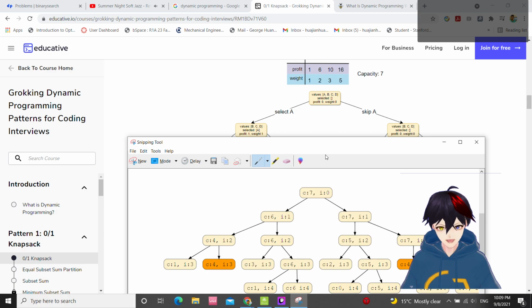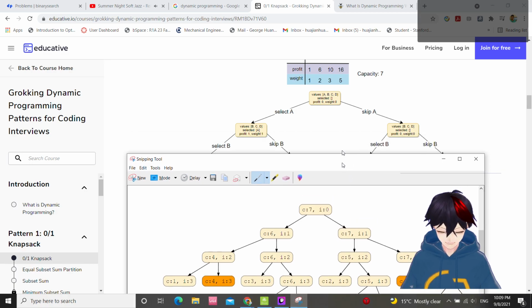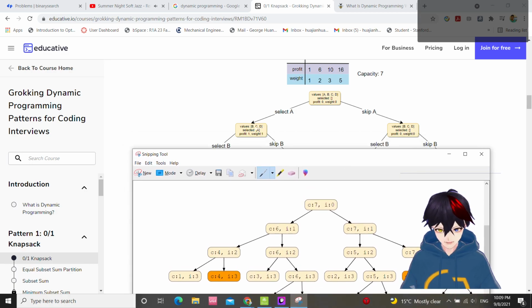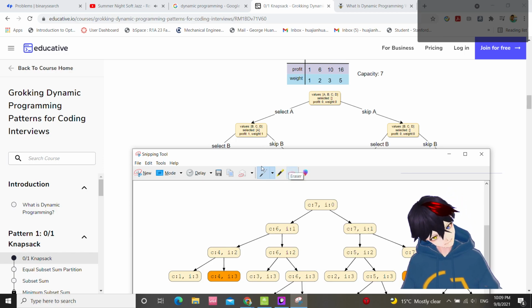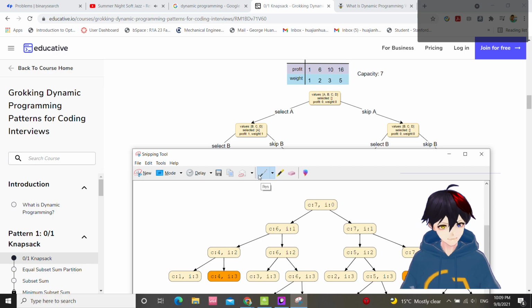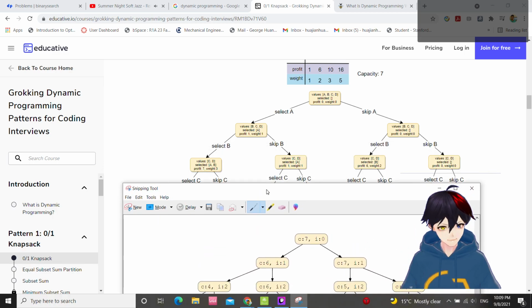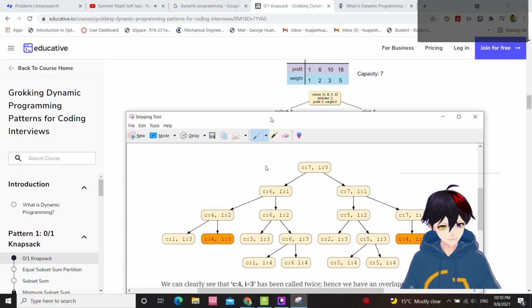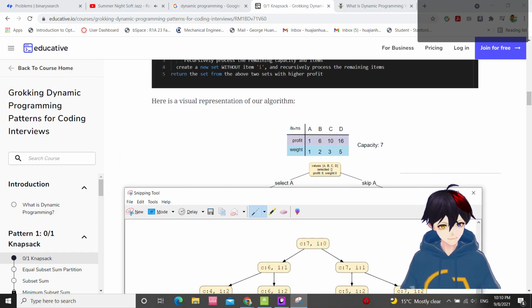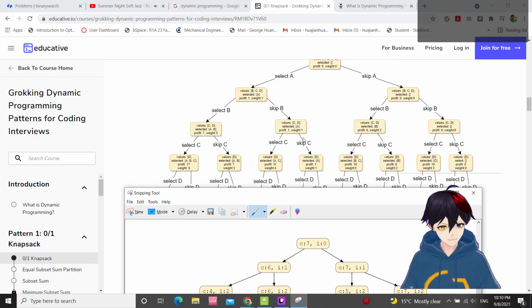Capacity 7, then capacity 6, because you took 1, then 1, capacity 2. Which one are you talking about?